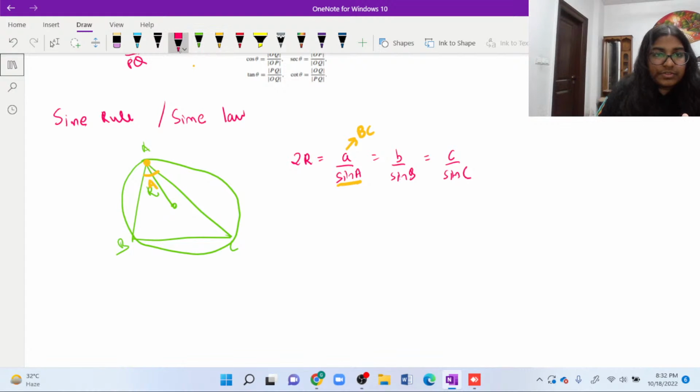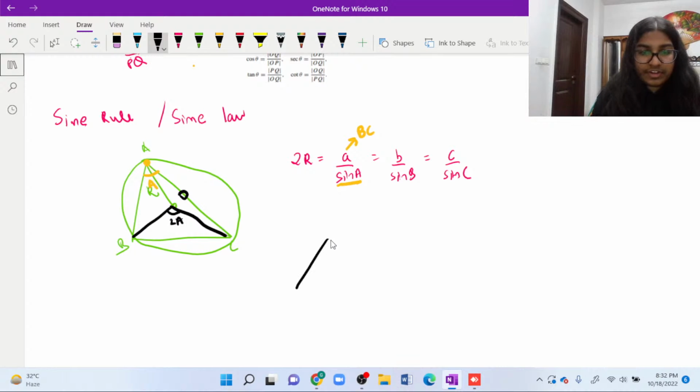So we can go about proving it this way. Let O be the circumcenter. We know that angle BOC is twice angle A, so this is 2A.